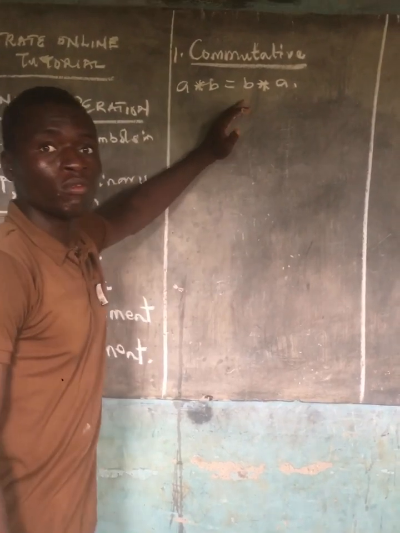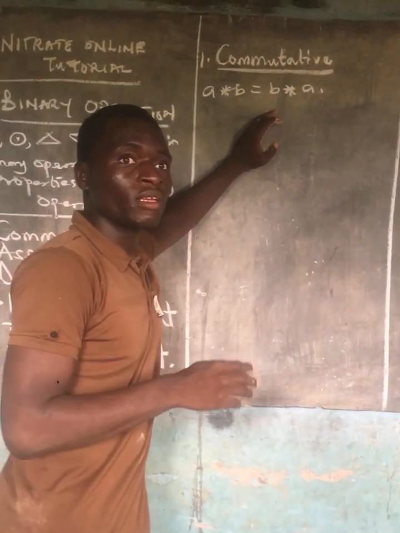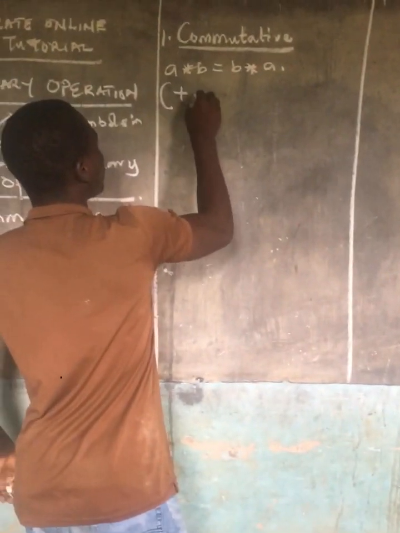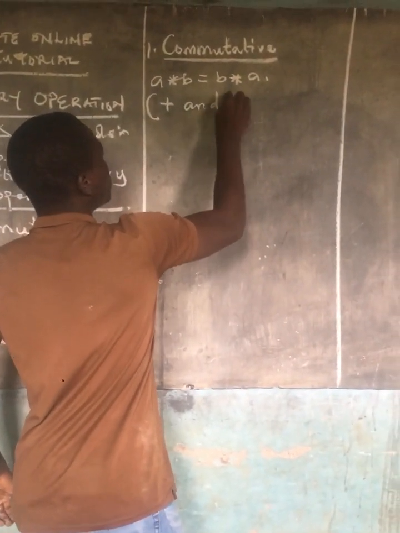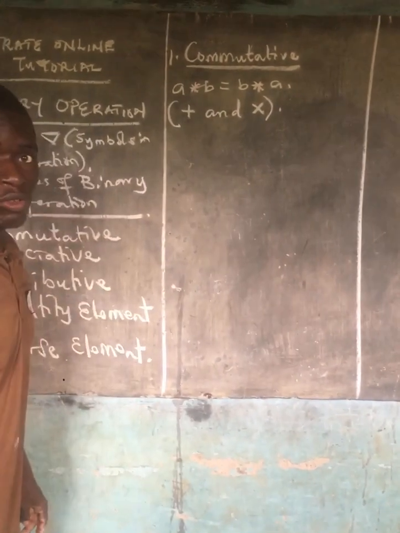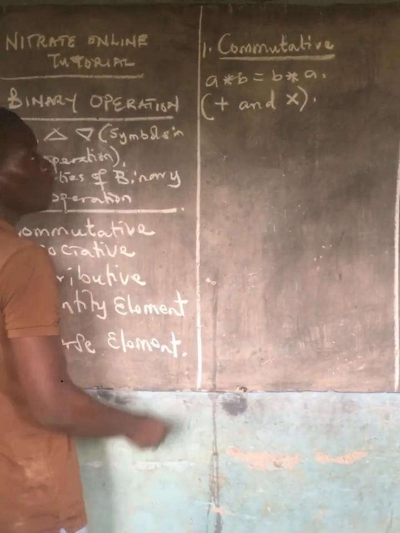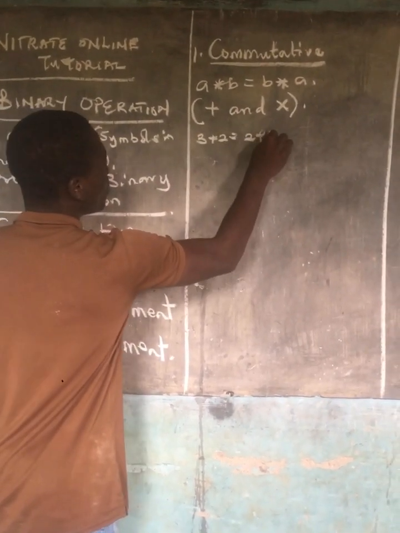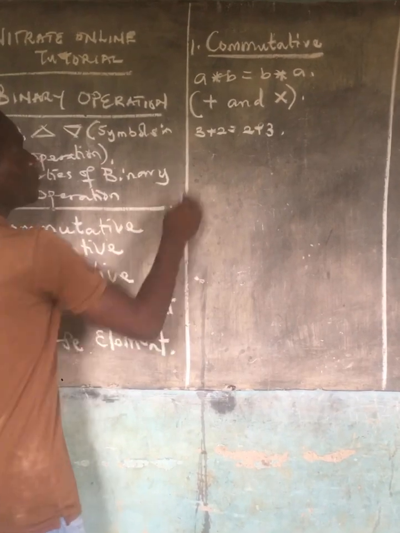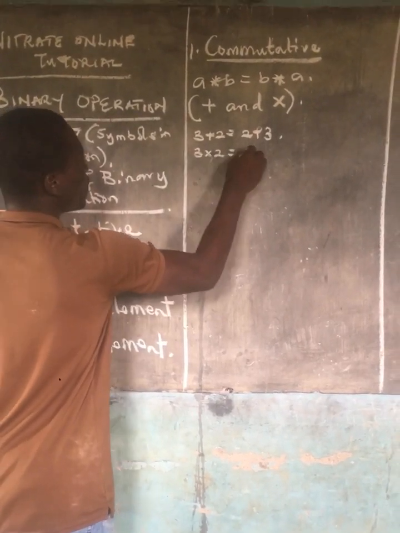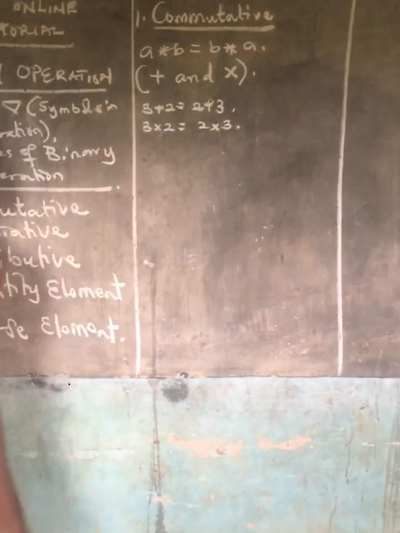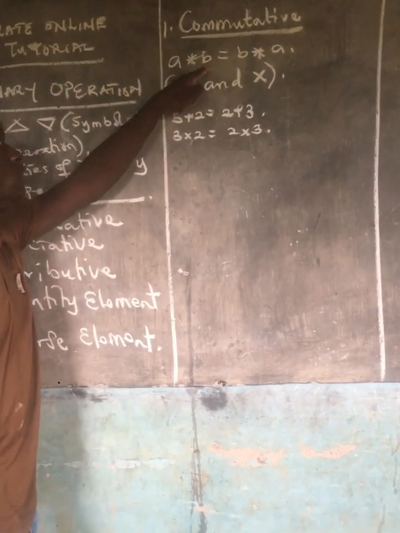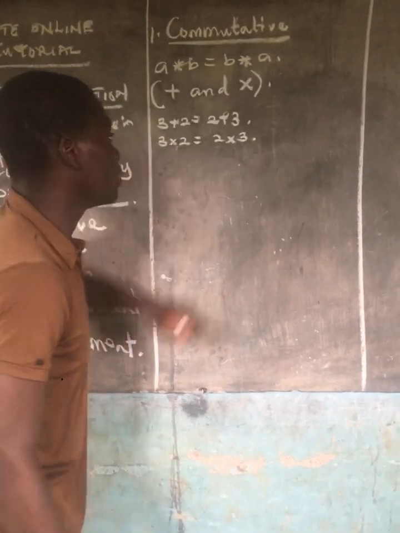We have two signs that obey commutative property, which are plus and multiplication. What do you mean by commutative? 3 plus 2 is the same thing as 2 plus 3. 3 times 2 is the same thing as 2 times 3. That is the meaning of commutative property. A asterisk B must be equal to B asterisk A.